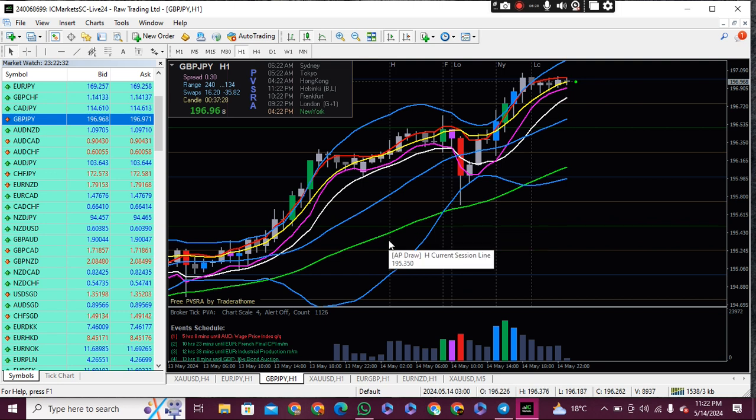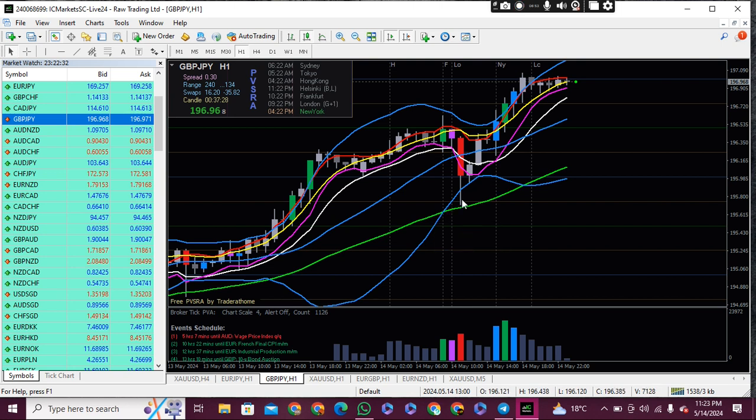So if you're using 0.1 lot, that means the value per pip is $1. So if you're gaining 100 pips, you just multiply the $1 by 100, which would give you close to $100.